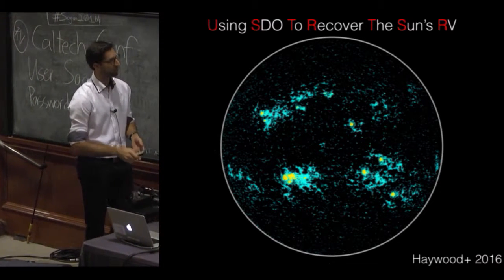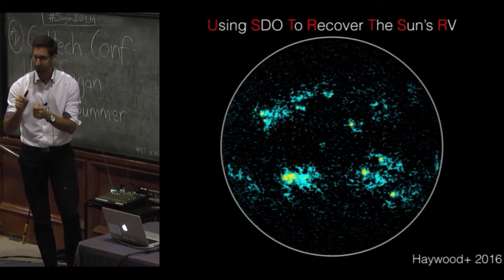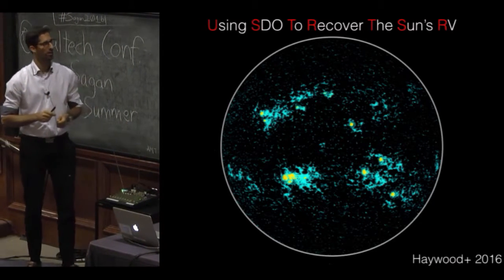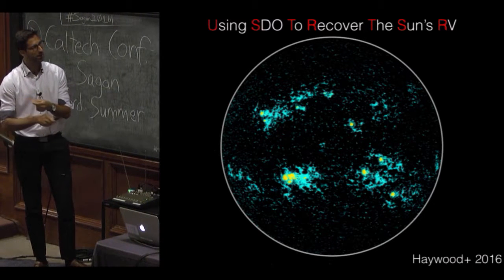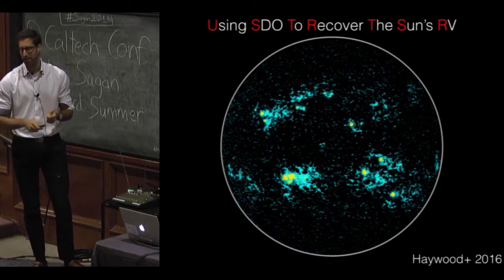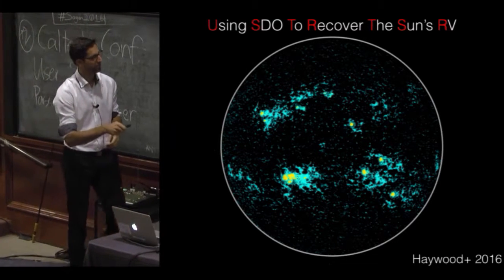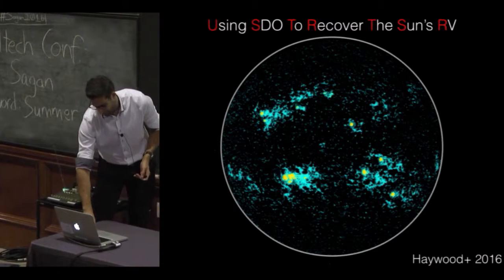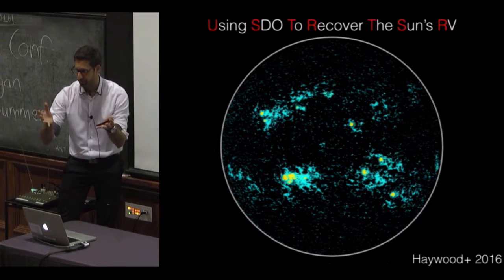And also SDO gives you for each pixel of the image what is the velocity. This is an instrument called HMI. So then you can take all the velocity of the pixels, then basically weight them with the brightness of all the different regions, so spots or facula. And then you can arrive to a radial velocity for the sun, disk integrated.